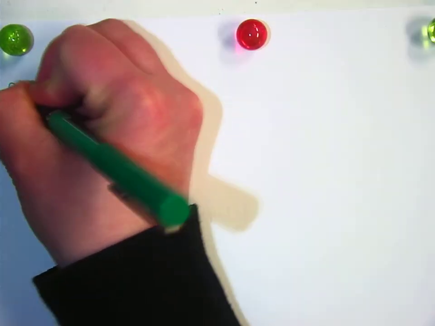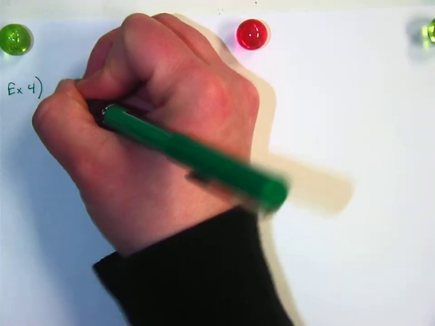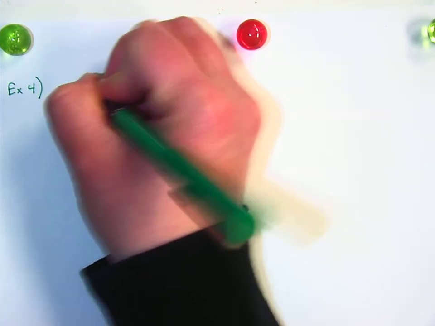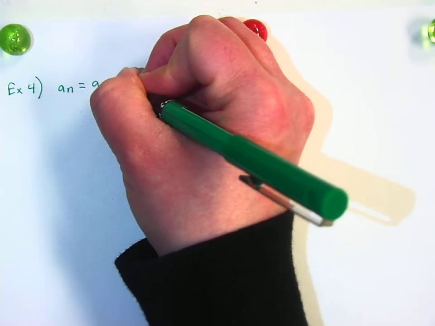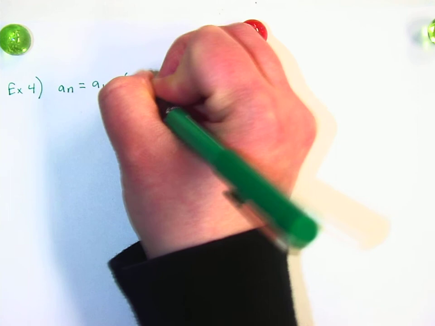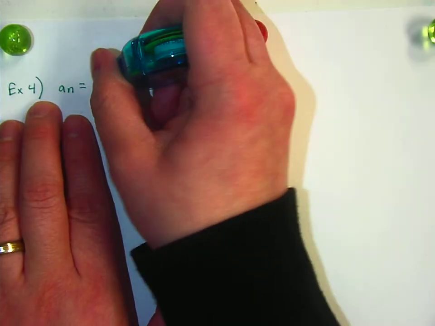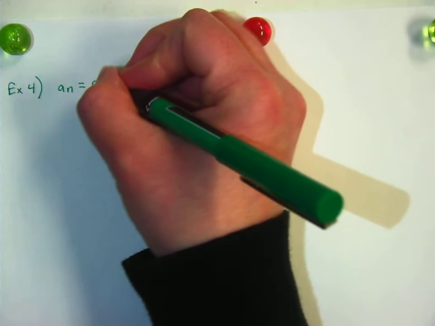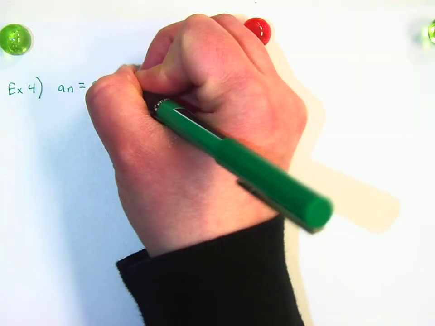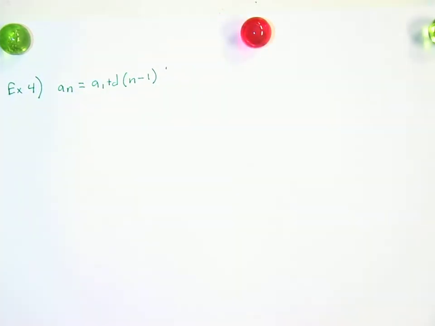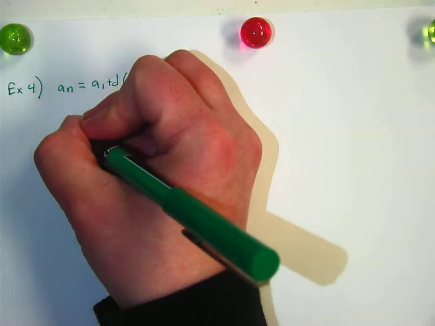Okay, I'm going to write one more equation. For example 4, and this one I'm actually not going to tell you the answer to. This is going to be the warm-up on Monday. So I want you guys to try to write the equation and find, let's go with the 85th term of this sequence.